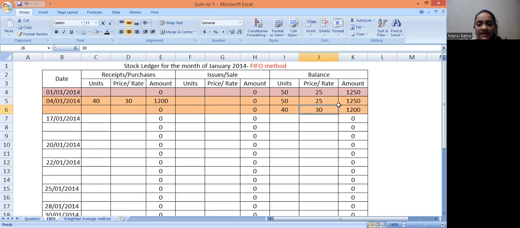So this is the balance units that you have. Total balance kitna hai? You have total 90 units and the total value of the stock that you have is 2,450 rupees. But the rates are different and hence we will be recording it separately. If you all have any questions, you can just put it in the chat box.